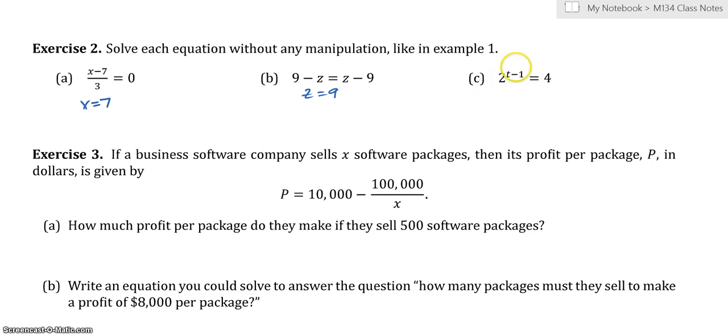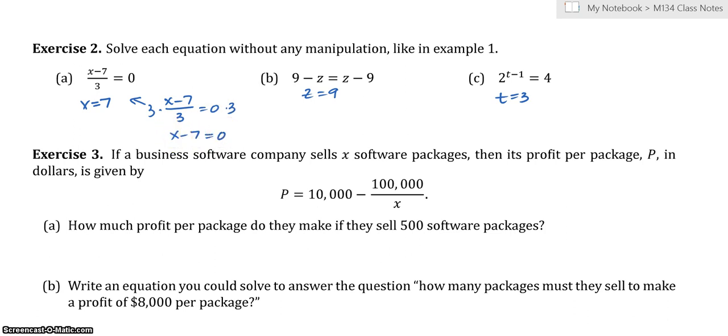Well, we know 2 squared is 4, so we want this to be a 2. So if t equals 3, then I'd have 3 minus 1 is 2, and 2 squared is 4. You could solve this one by our methods. You would just have to get rid of the fraction first, and because there's a parentheses there, it's like the distributive law.